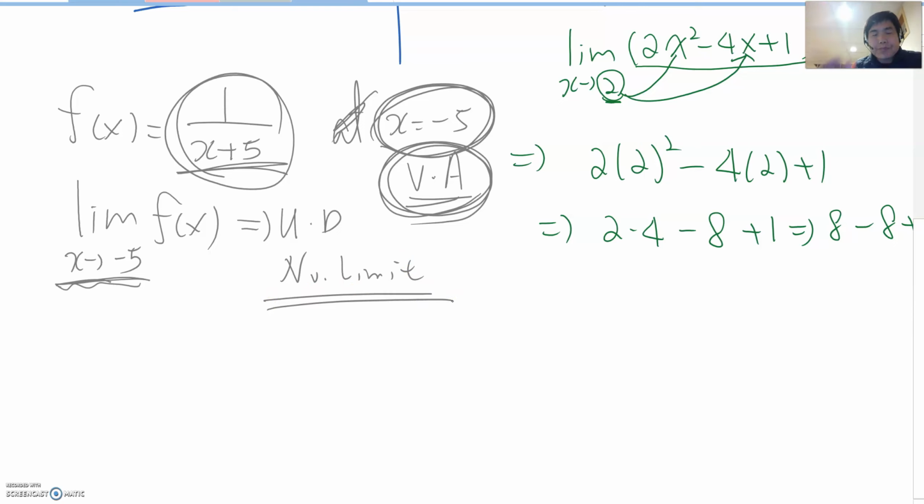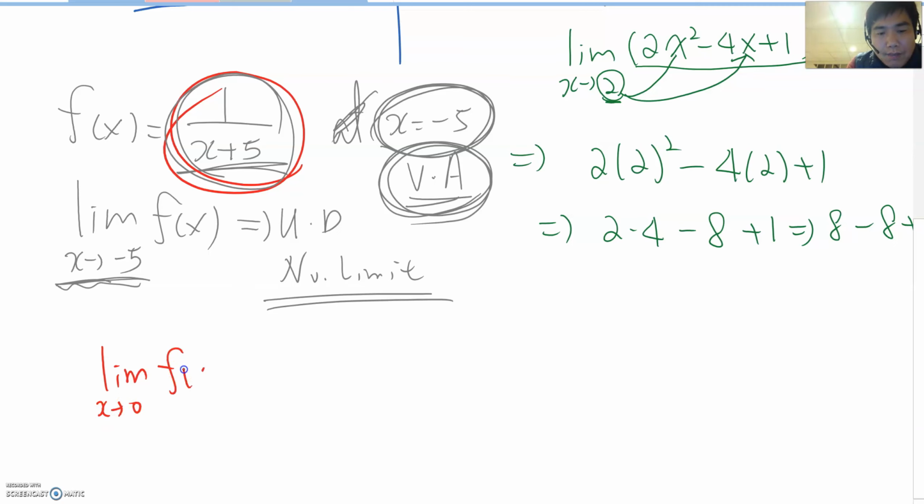Yes. Now, with the same rational function, what if I give you the limit as x moves to 0 of f(x)? Then you just plug 0 into the denominator and double check whether the value is going to be 0, which means undefined. Now you know that 0 plus 5 is not 0.